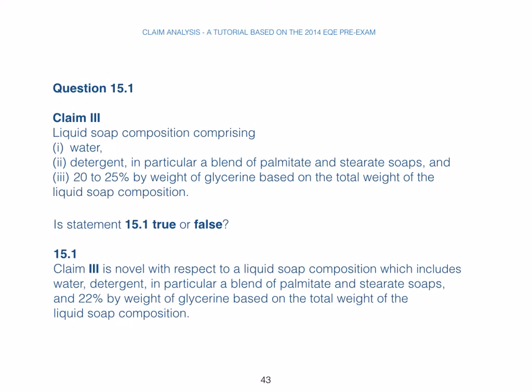So the question is to know whether 22% by weight of glycerine is included within the scope of the range 20 to 25, and does that take away the novelty of the claim or not. So the answer will be true or false, and we'll go to the next question.